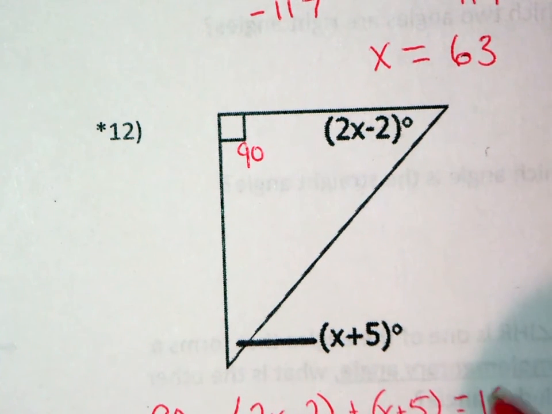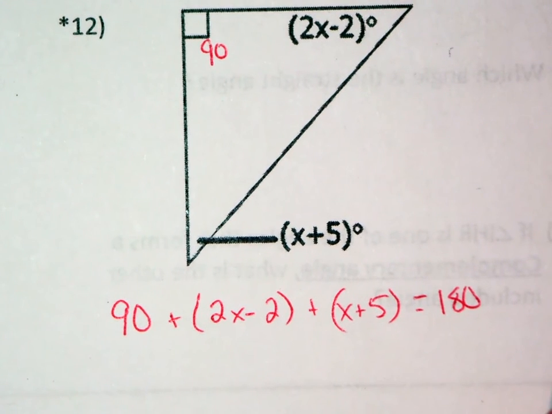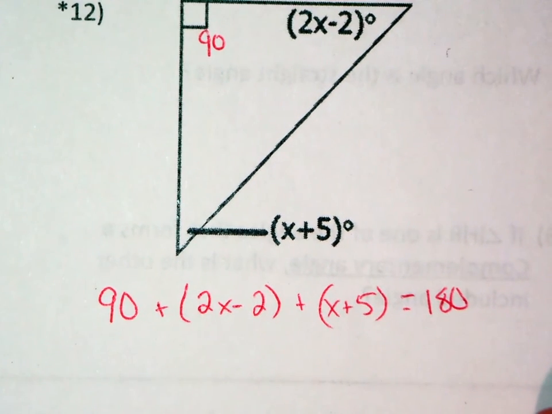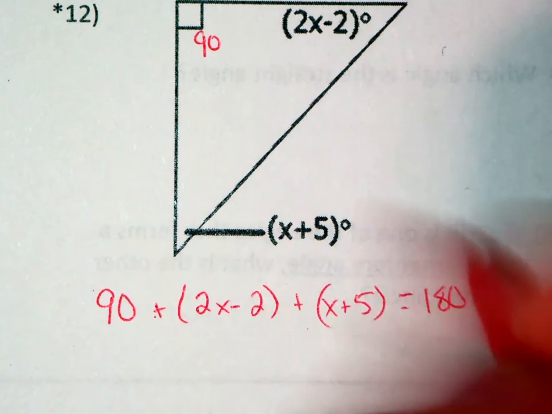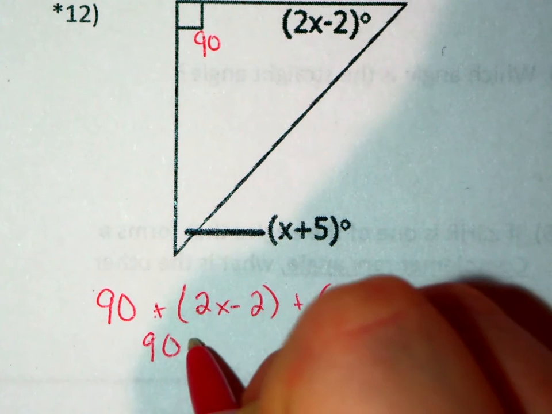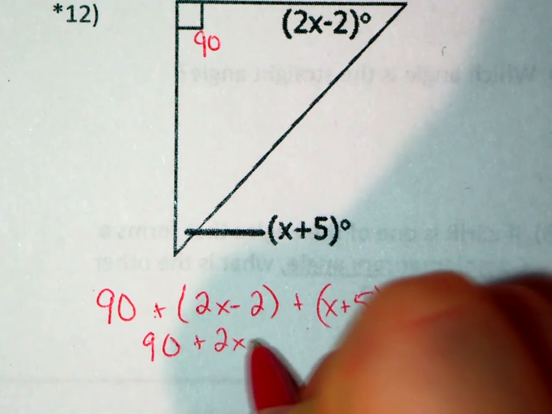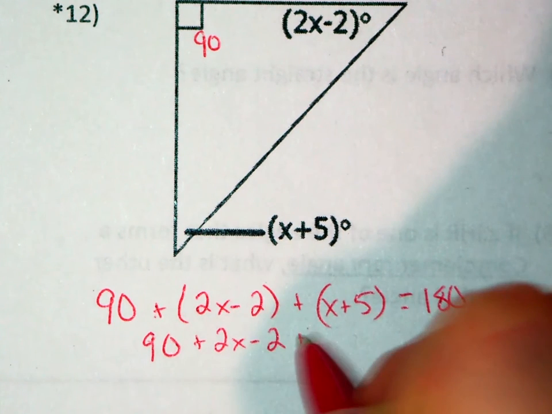All of that has to equal 180 degrees. Now, since I have addition signs in front of the parentheses, I can drop everything out of the parentheses: 90 plus 2x minus 2 plus x plus 5 equals 180.